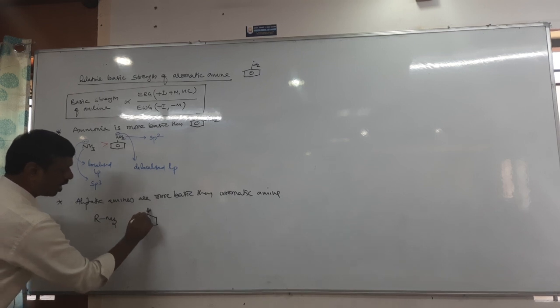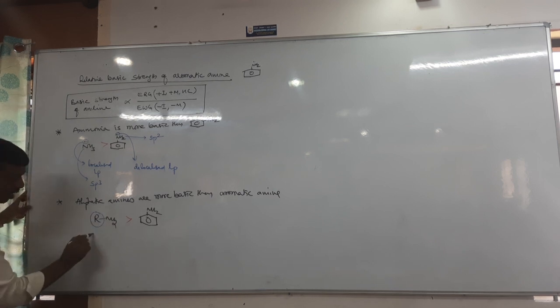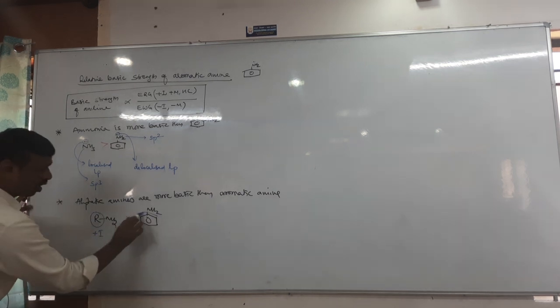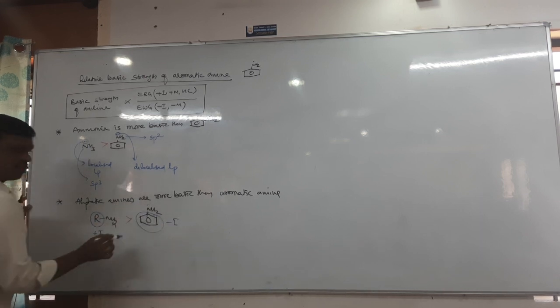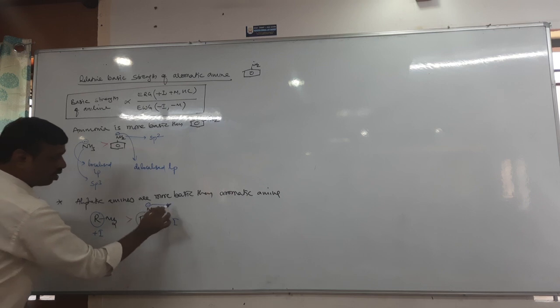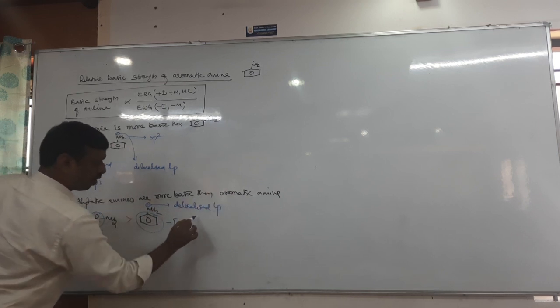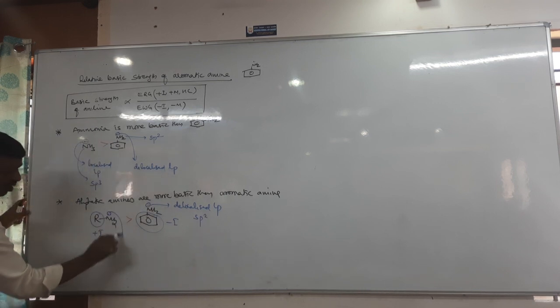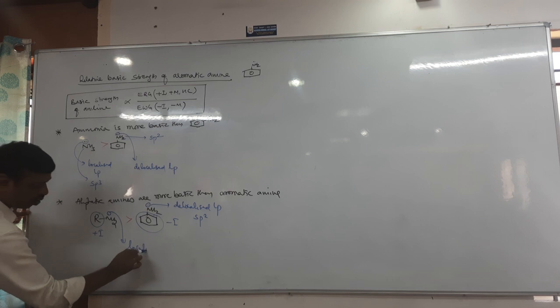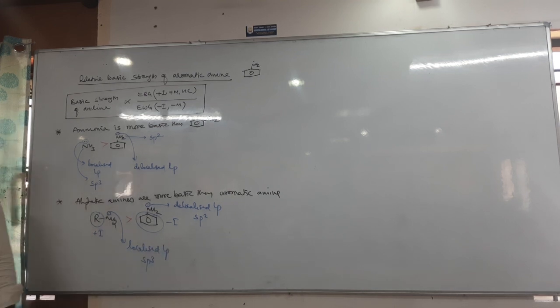Among alkyl amine and aniline, which is more basic? Alkyl amine is more basic, because in alkyl amine the alkyl group is a plus I group. Here in aniline the phenyl is a minus I group, and it is also a delocalized lone pair with sp2 hybridization. In alkyl amine they are localized lone pairs, sp3.